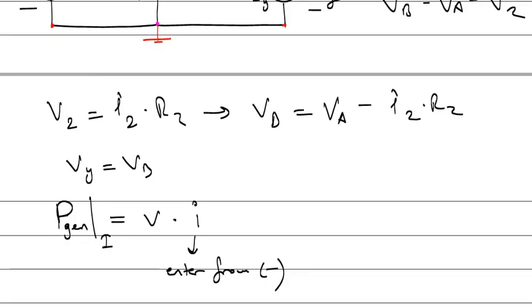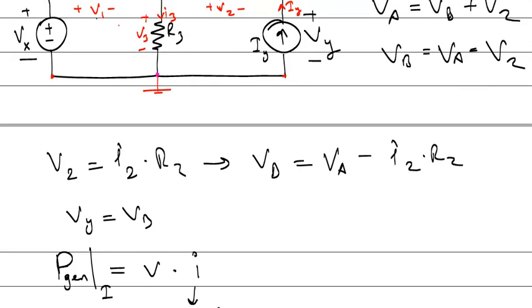It's the definition. If you use the current entering from positive, it will be dissipated power. But this is generated power. So, what's the voltage of that component? Vy times the current entering from negative. It's given, Iy. Okay, this many watts. That's it. No, look, it's already entering from the minus. That value is already in the desired form.